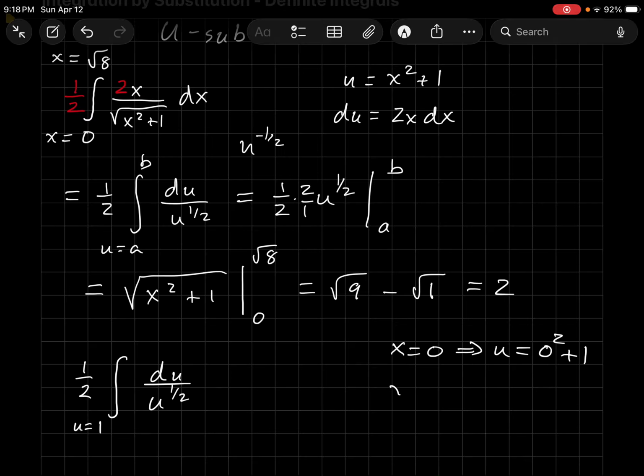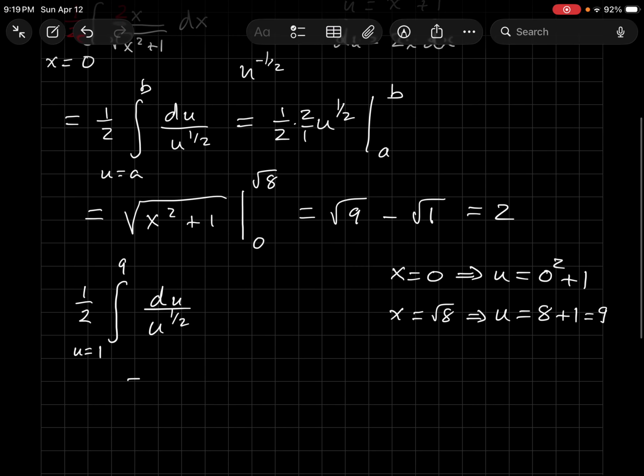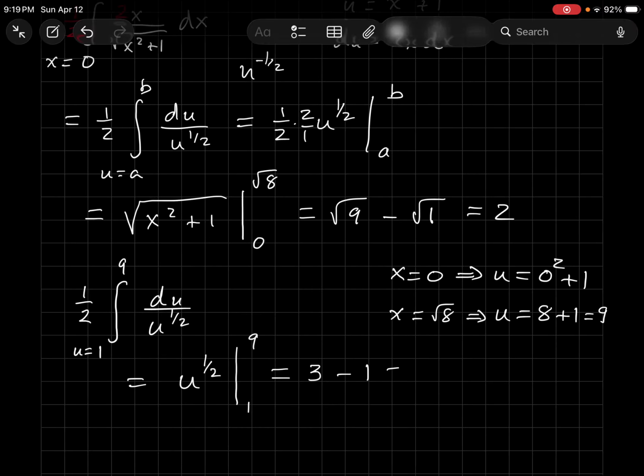And then my original upper limit, x equals root 8, gives us u equals root 8 squared plus 1 equals 9. So I put 9 as my upper limit. And then when we integrate, once again, we end up with u to the 1/2 simplified. I don't back substitute x's, I just leave everything in terms of u, where I get the square root of 9 minus the square root of 1, and we get the exact same answer.